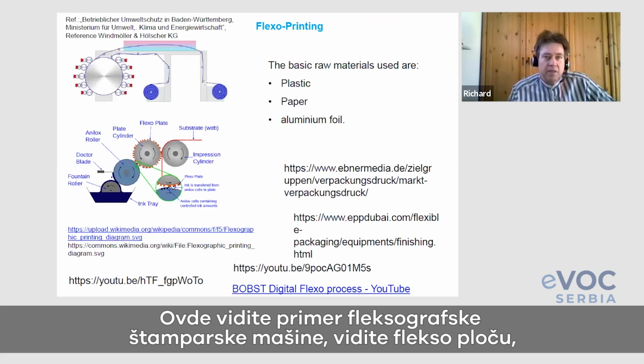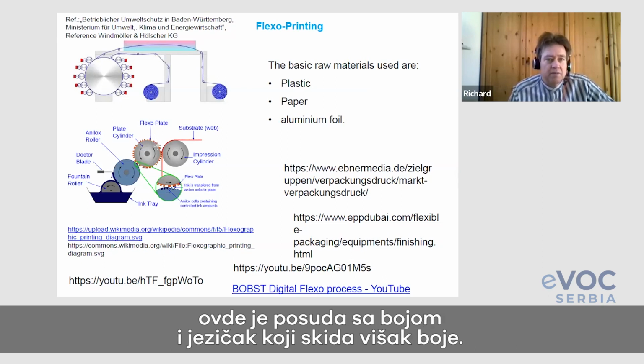So here you see now an example of a flexography printing unit. Important here, maybe you see the best, you see here this flexo plate. Here you have the ink tray, the doctor blade that takes away the excess ink.